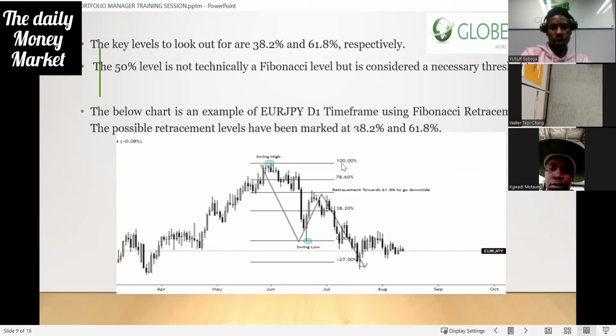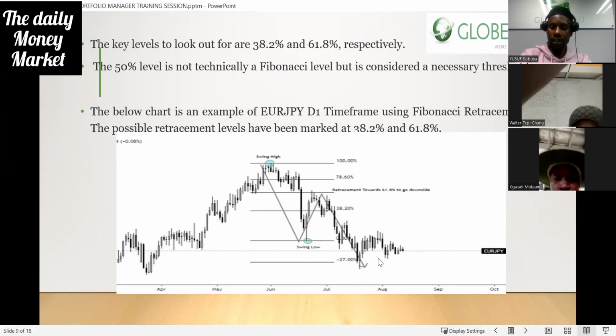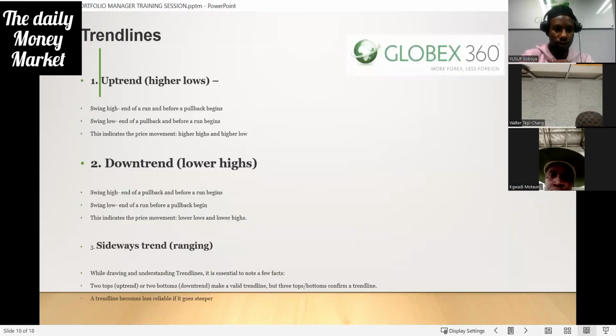So you look at a bigger time frame, check the trend, pull the line all the way to the level. It will show you the percentages. It will show you where support and resistance can be. So again, the importance of it is that you can identify the target. Another importance is that it helps you identify support and resistance easily.